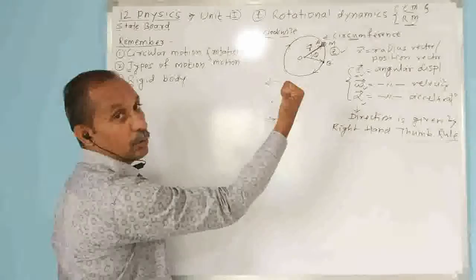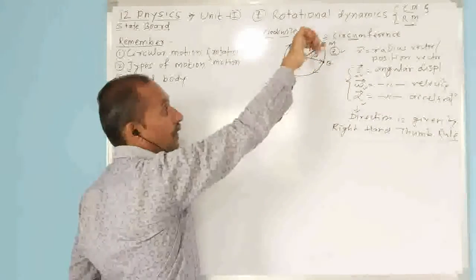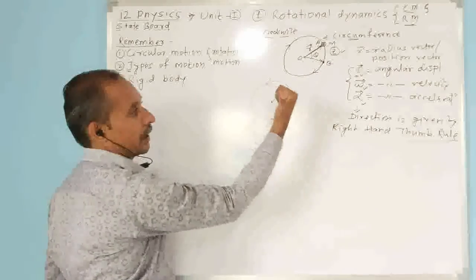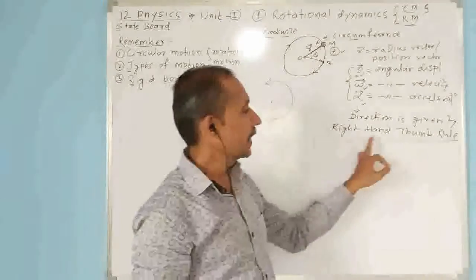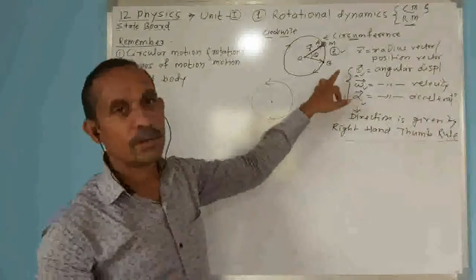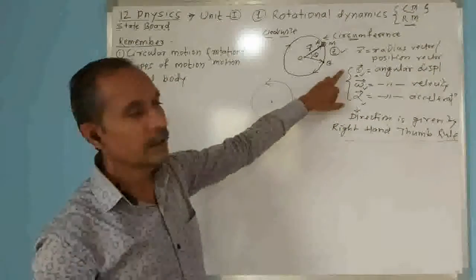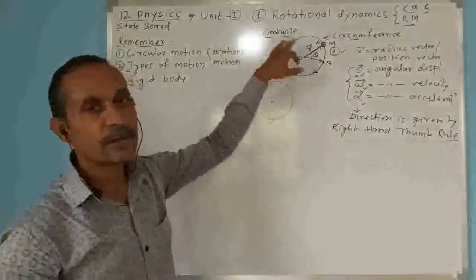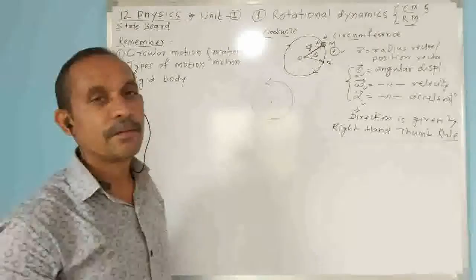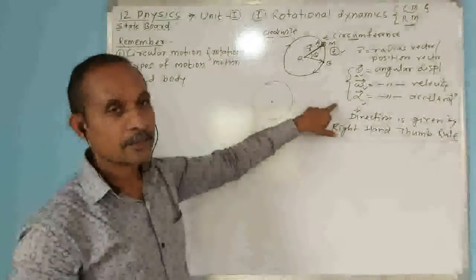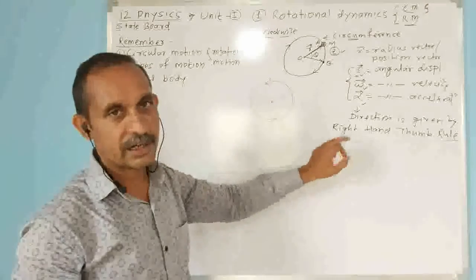So this is outward directed. For the clockwise, it is inward directed, and for the anti-clockwise, it is outward directed. This is the right hand thumb rule, which lets us predict the directions of the angular displacement, angular velocity, and angular acceleration in circular motion. So this is very short information about circular motion, the related physical quantities and the rule, that is the right hand rule.